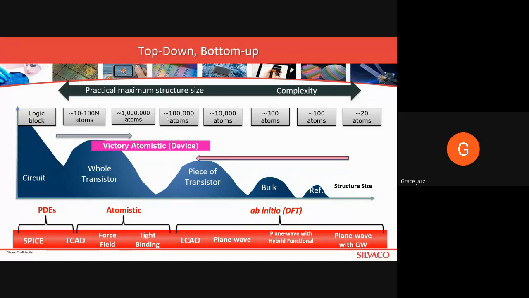This is very useful for very small devices such as nanosheets and nanocarbon devices. For a very big structure, we can still use our current TCAD to do TCAD simulation. At the logic block level, we can use TCAD to SPICE, meaning we can use TCAD-based compact models to extract a SPICE model and do SPICE simulation. So at different structural levels, we can do different simulations to meet your requirements.